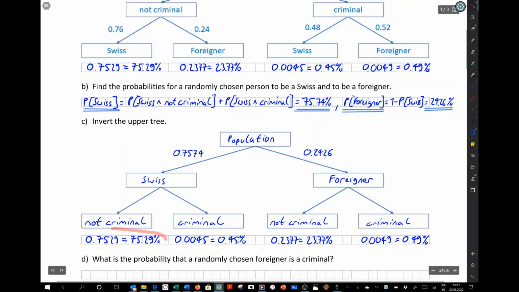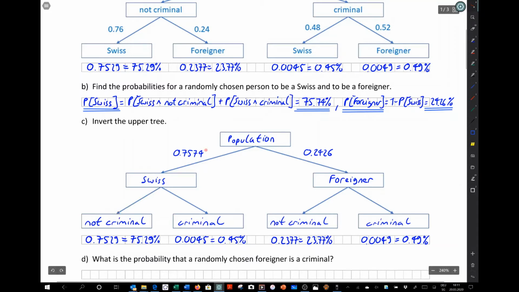So this is the non-criminal Swiss, corresponds to this one. This is the criminal Swiss, so corresponds to this here. The non-criminal foreigner corresponds to that here. And the criminal foreigner corresponds to this one here. Now we need to find the probability of this branch.